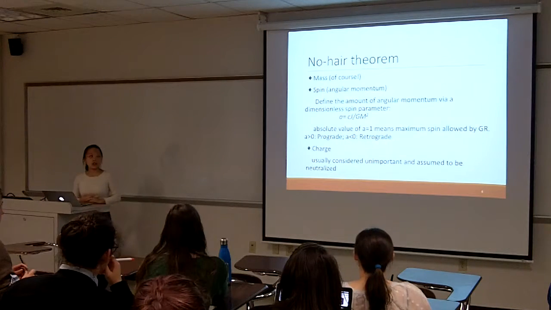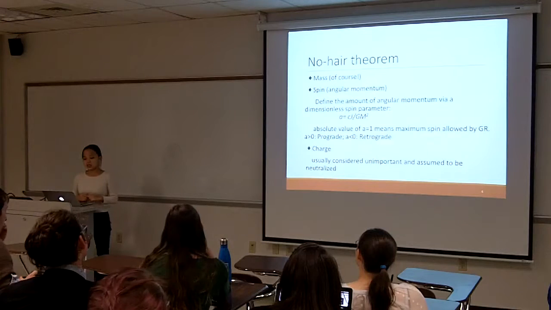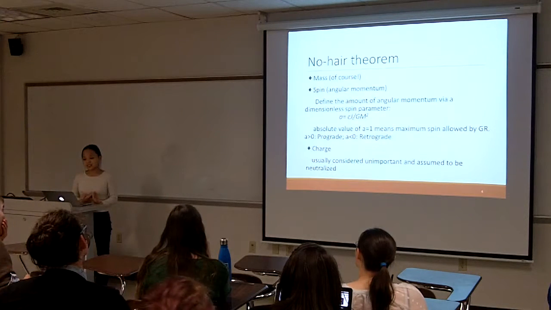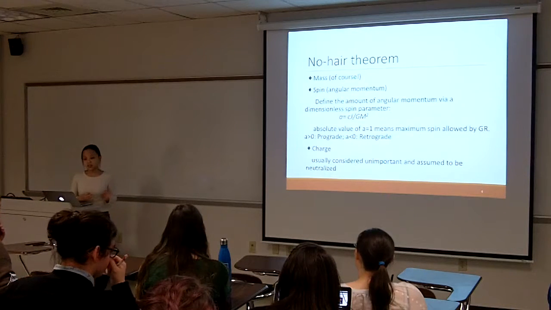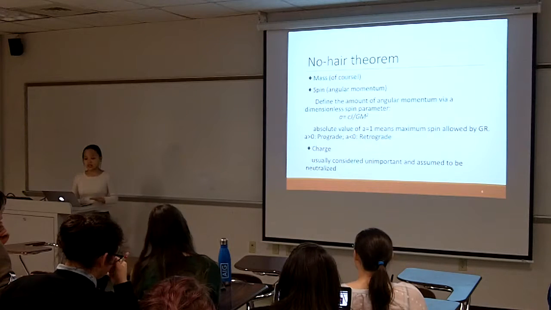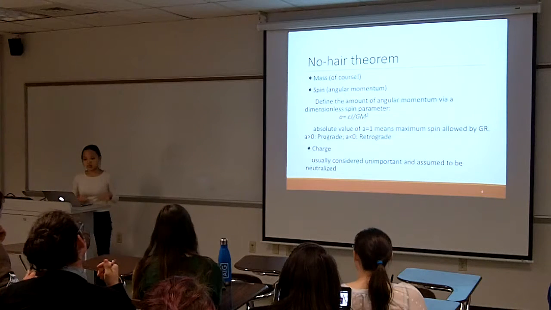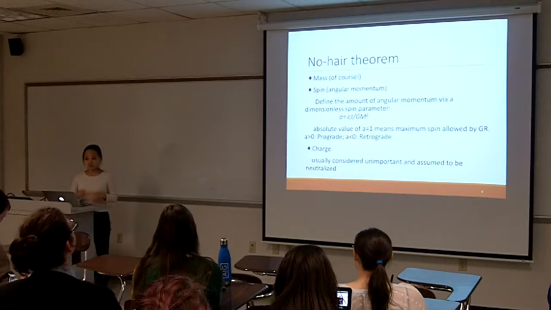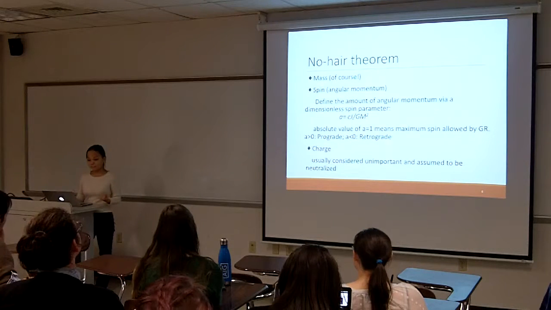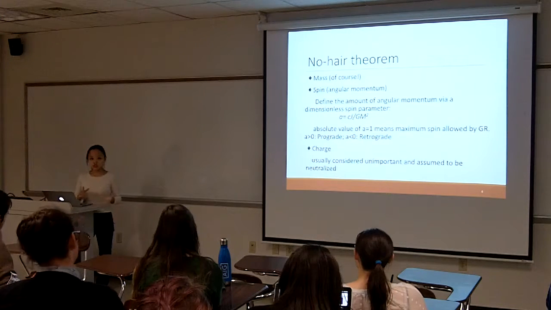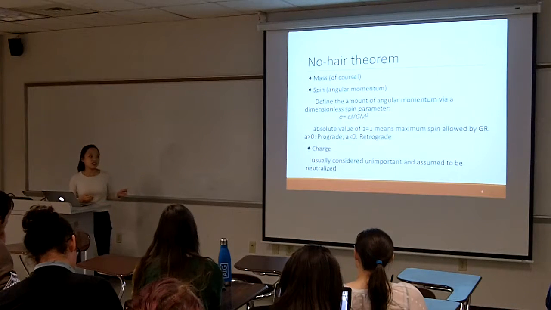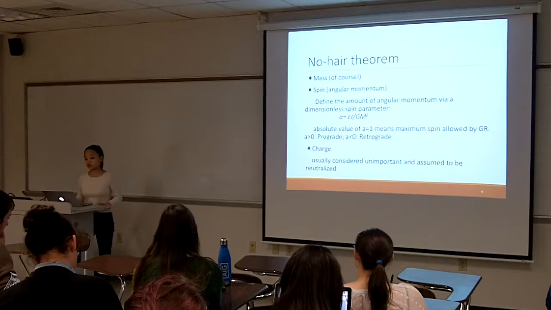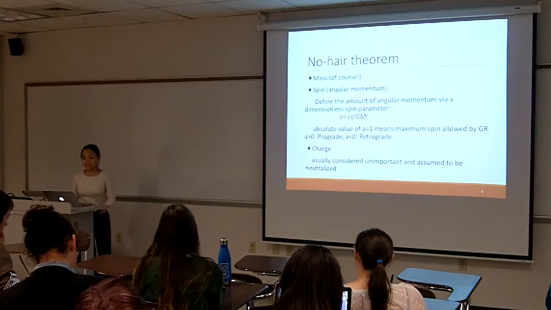So first, the no-hair theorem. This tells us that when an object has become a black hole, only three properties are observable from outside it: mass, spin, and charge. And usually in observational research of a black hole, charge is considered unimportant, and we assume it to be neutral and don't consider it anymore.